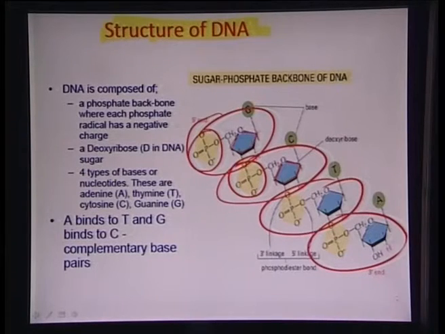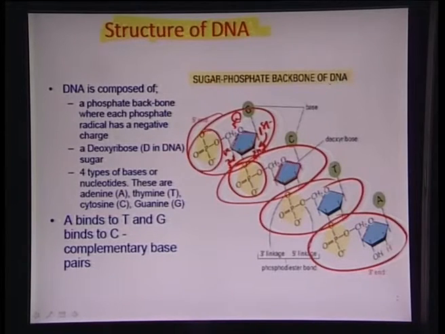There is also a notational representation that all molecules possess. In fact, biochemistry has a very organized approach to numbering the different atoms in a molecule. Here we start with this particular carbon atom and call it the first carbon, and we move in a clockwise manner. So this is the second carbon, this is the third, this is the fourth, and this is the fifth carbon.